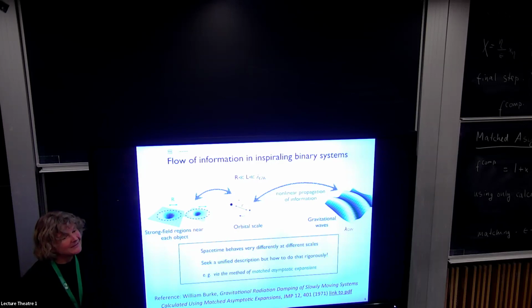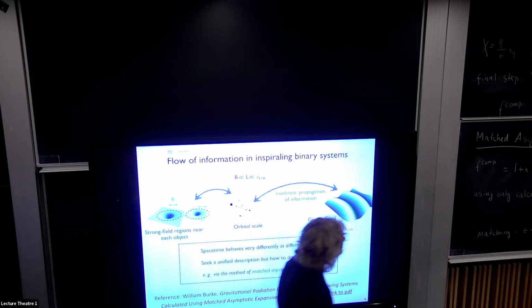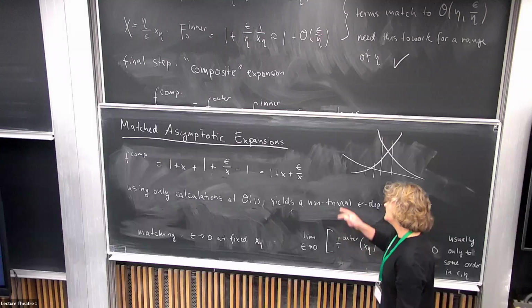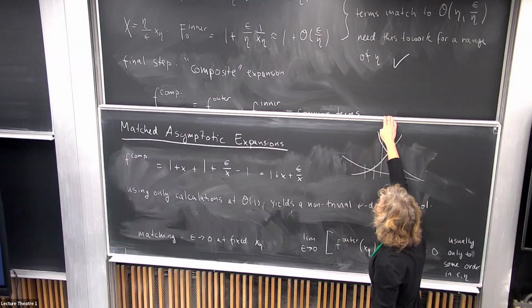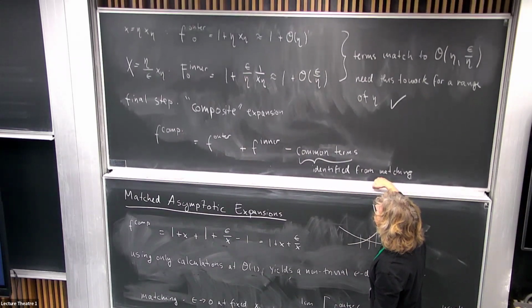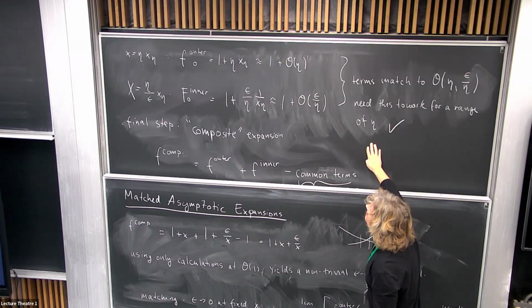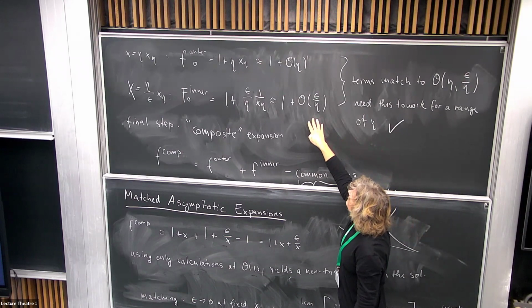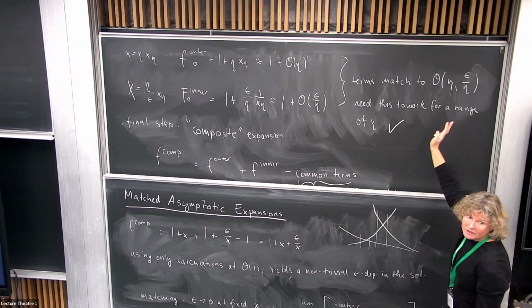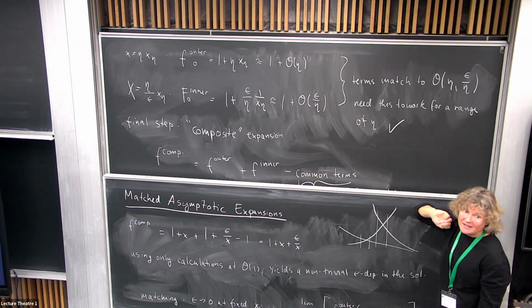Since we're doing expansions, are there any theorems on the bound of the error of the solution that you constructed? Well, the bound on the error will be basically these terms that you neglected in the matching. Here, our error would be of order eta epsilon over eta.